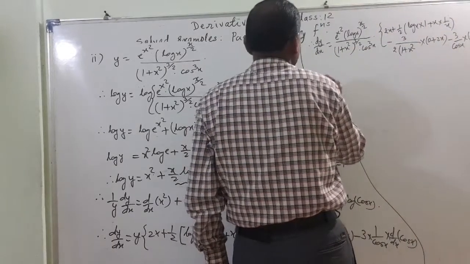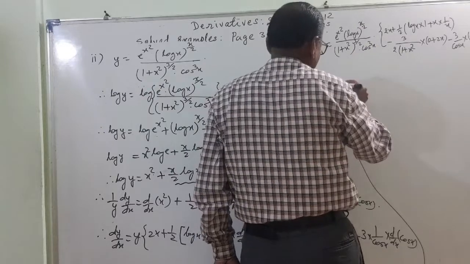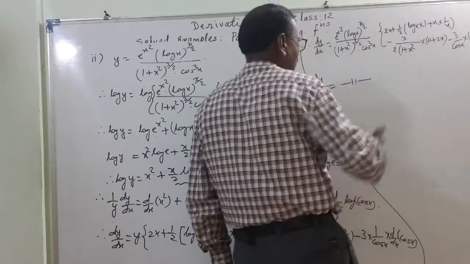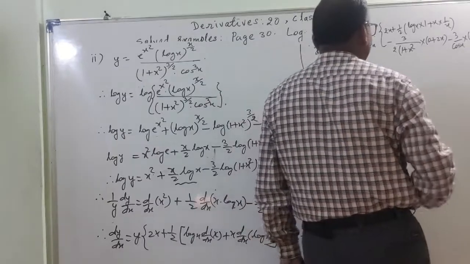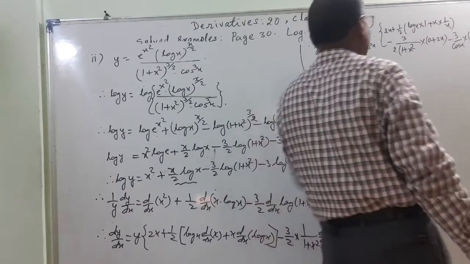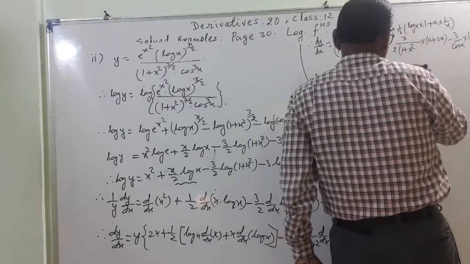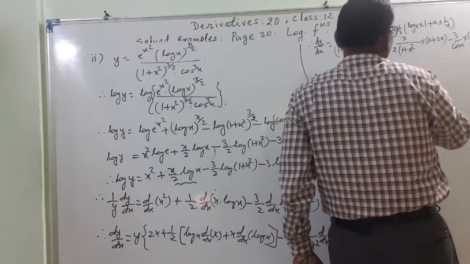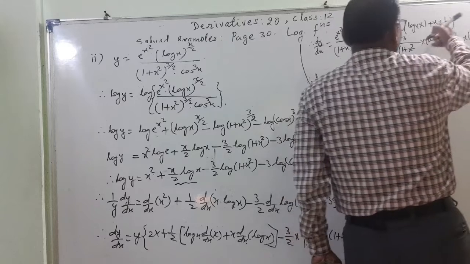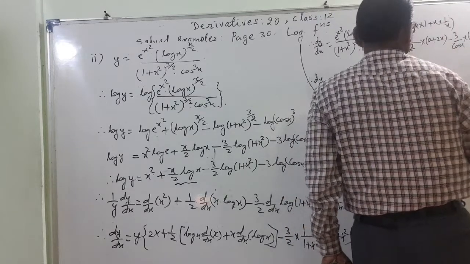Therefore dy by dx is equal to this part as it is into 2x plus this upon 2 is for this also. So log x upon 2 plus this is x cancel. This is 1. So 1 upon 2.